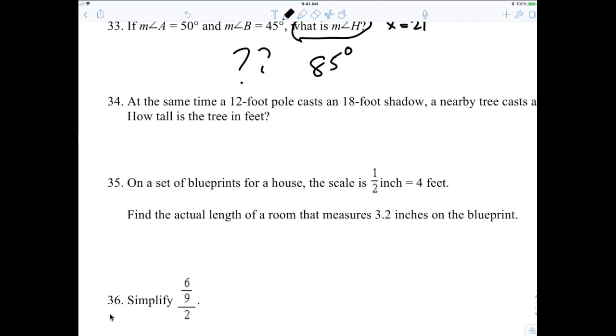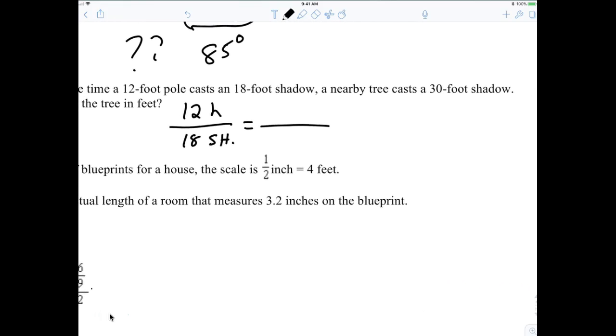All right, here we go. Number 34. At the same time, a 12-foot pole casts an 18-foot shadow. So 12 represents the height. 18 represents the shadow. All right, equals. Now, the next one, 30-foot shadow. Where does that go? On the bottom.